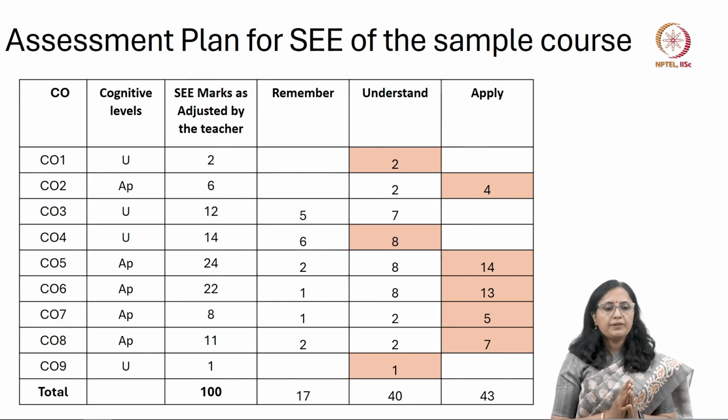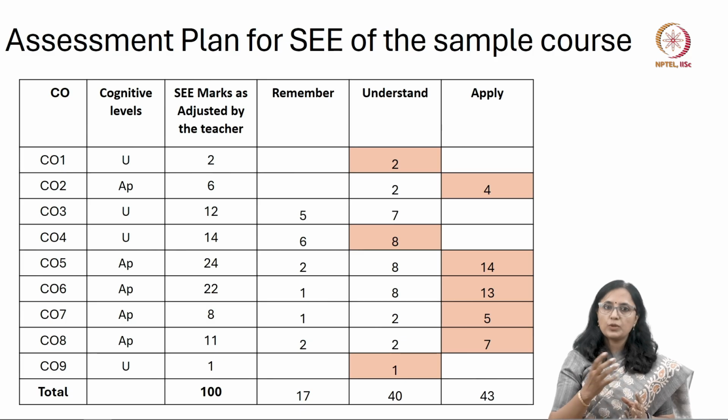However, to give you another example, the course outcome 5, CO5 is from application cognitive level, and the marks allocated is 24. The logic which we can use is around 60% of 24, which is equal to 14, should be allocated to apply cognitive level.